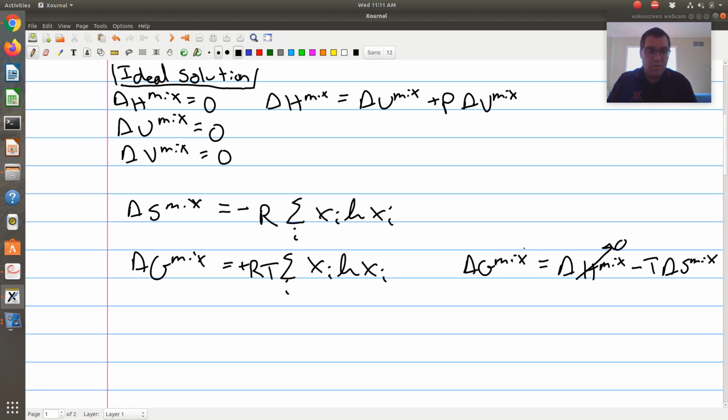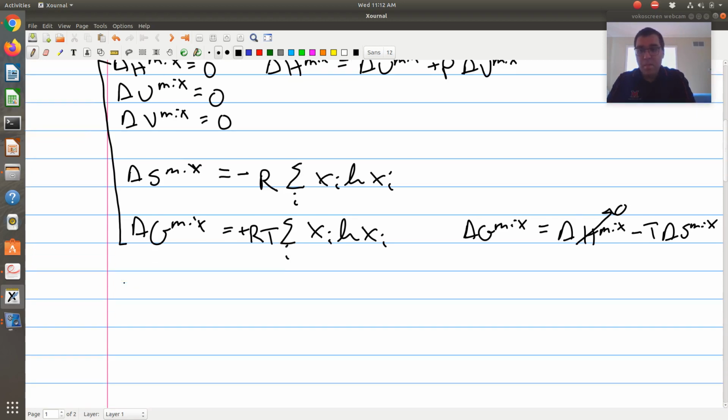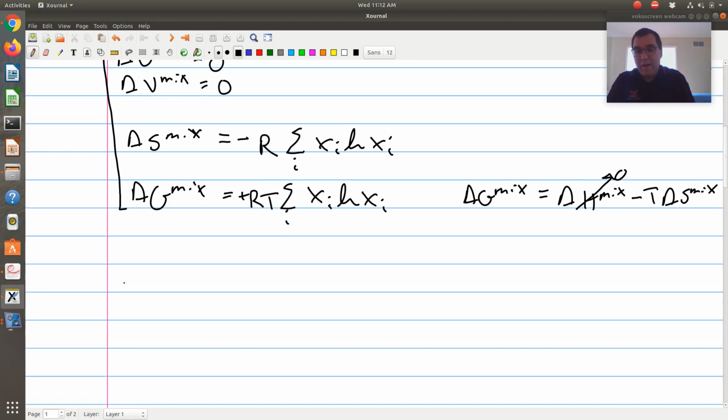So if I just remember one, then I can easily back out the other. These are our property changes upon mixing for an ideal solution, which you should remember. They are also the same as property changes upon mixing for an ideal gas.